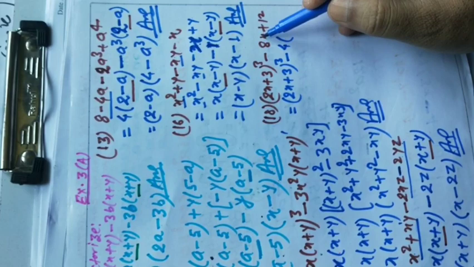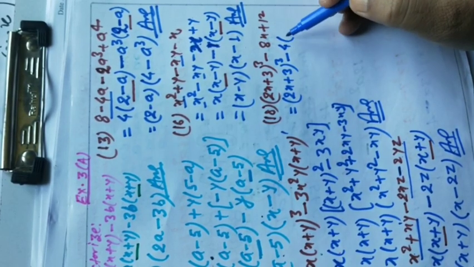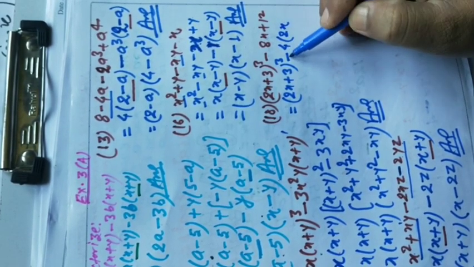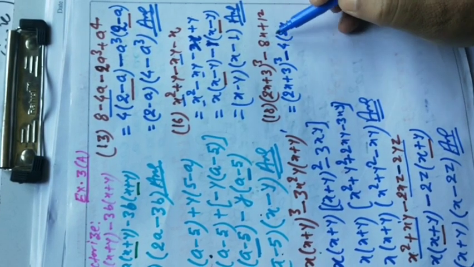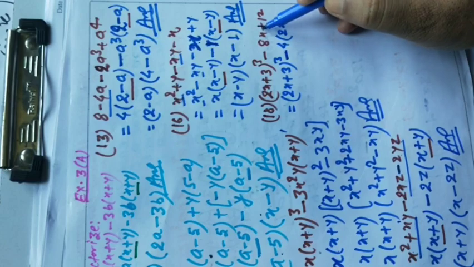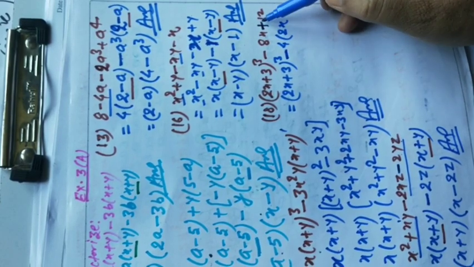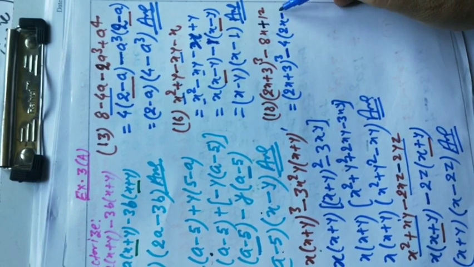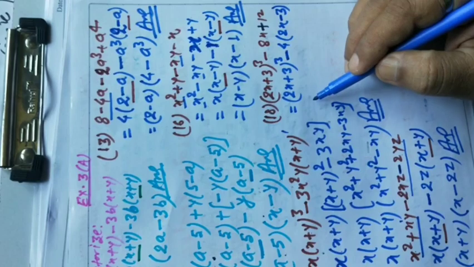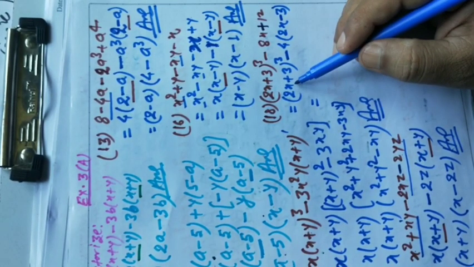And when 8x is divided by 4, 2x will be there, and now the minus sign is there, so you have to multiply this minus sign by this plus sign. So minus multiplied by plus will be minus, and 12 divided by 4 will be 3. So put 3 here.